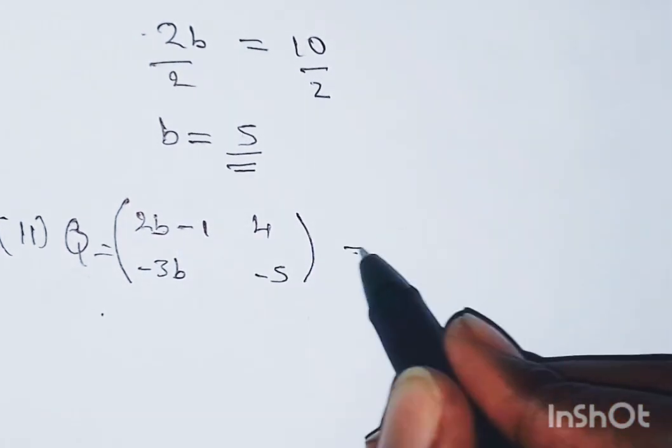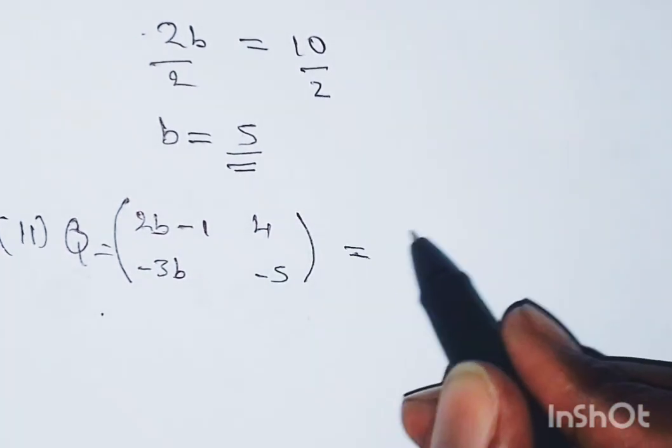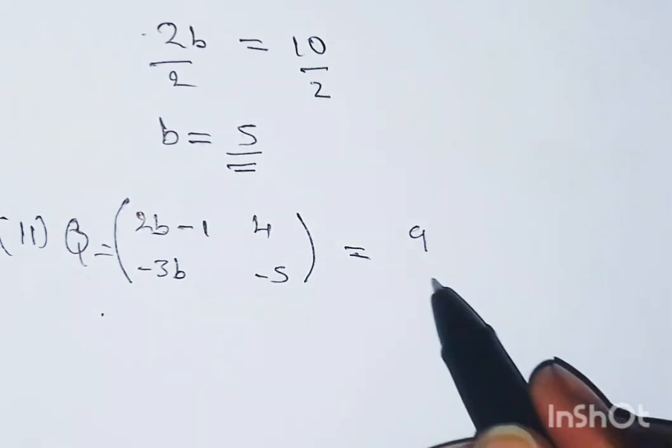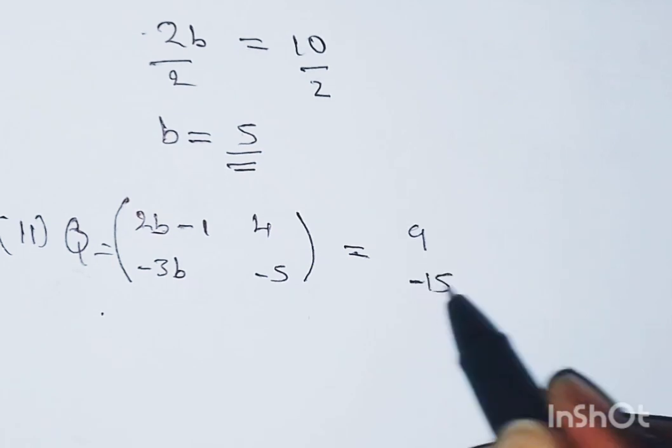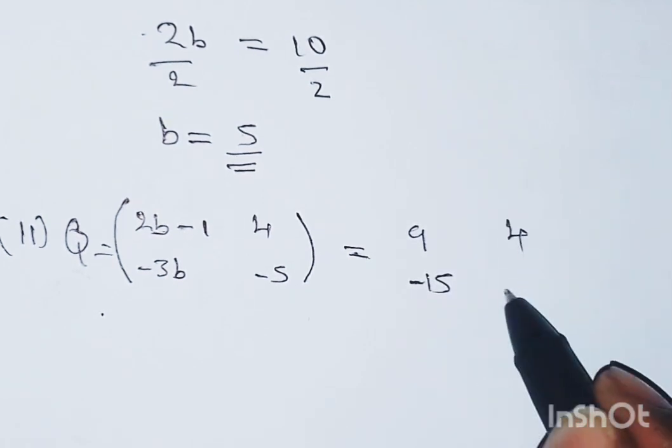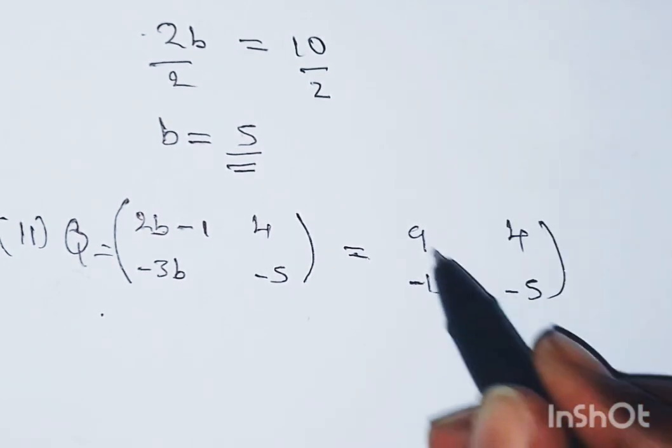So 2b minus 1 will give us 9 there, and negative 3b will give us negative 15. Then there we have a 4, then you have negative 5. So this is our matrix.